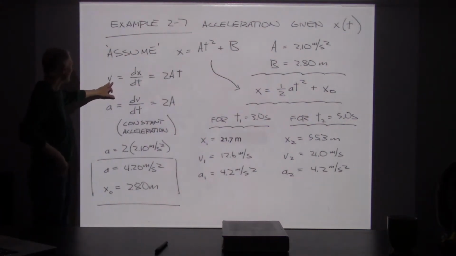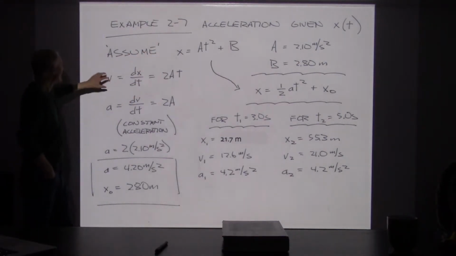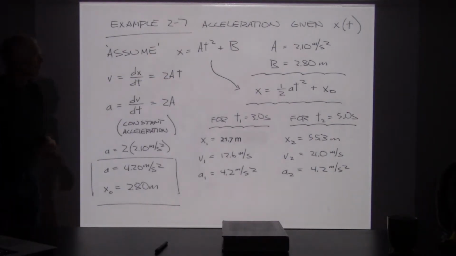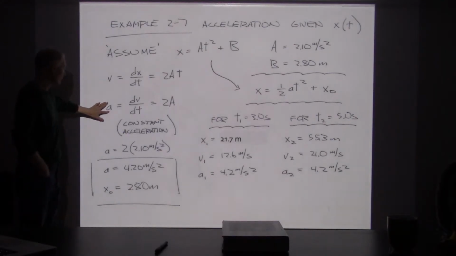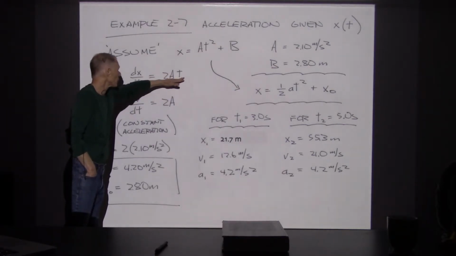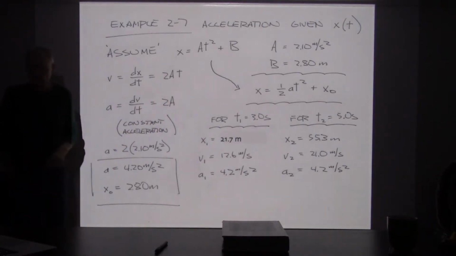So the velocity, if this is x as a function of t, then taking a derivative with respect to time will give us v as a function of t. Taking another derivative, again with respect to time, will leave us with this function. The t will drop from one power down to none. We'll keep the constant. It's going to be 2a.